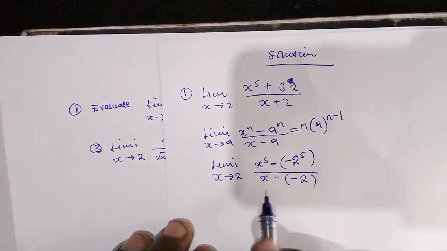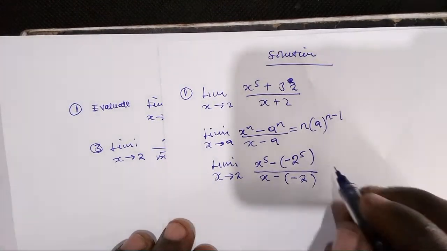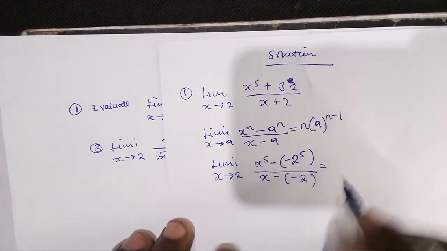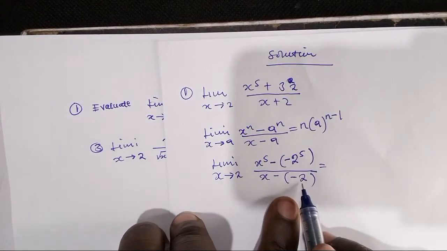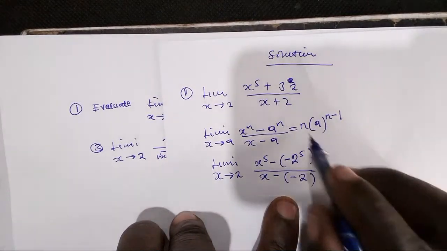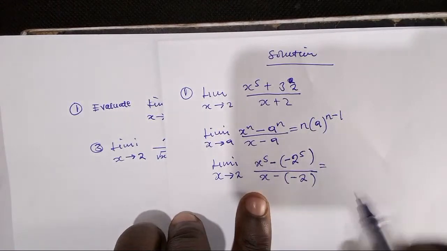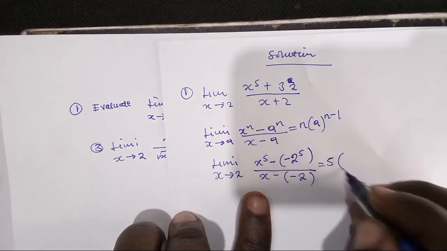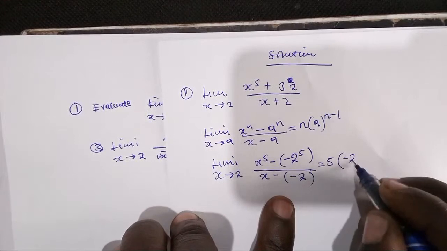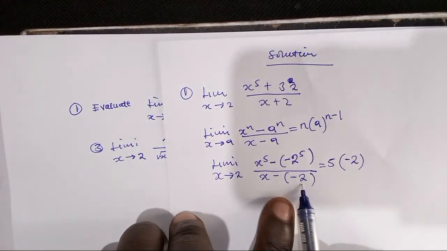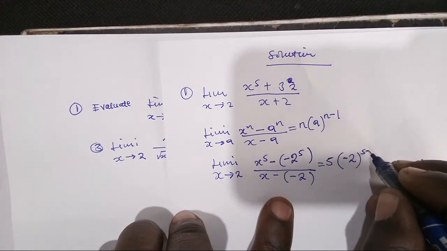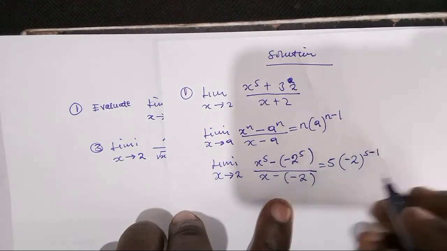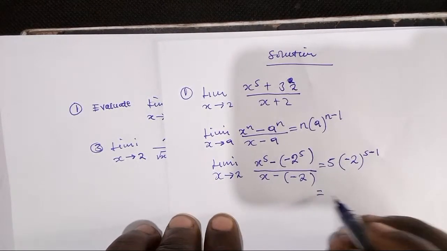Then it will be equal to: where there is n, we have 5. So we are going to have 5, and where there is a, we have minus 2. So it will be 5 times (minus 2) to the power 5 minus 1.